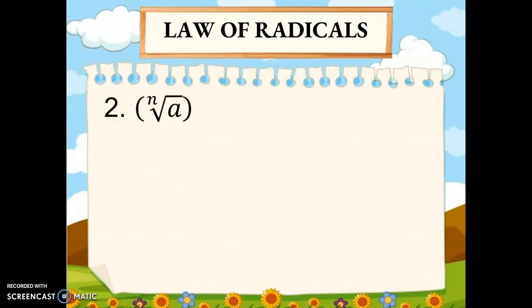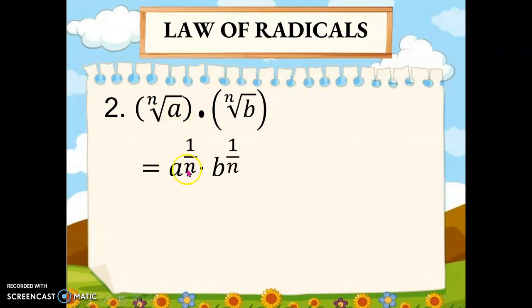Next law: the product of two radicals with different bases but the same root. If the bases are different, all you have to do is get their product and express it with the same index. Exponential form first: a raised to 1 over n, b raised to 1 over n.